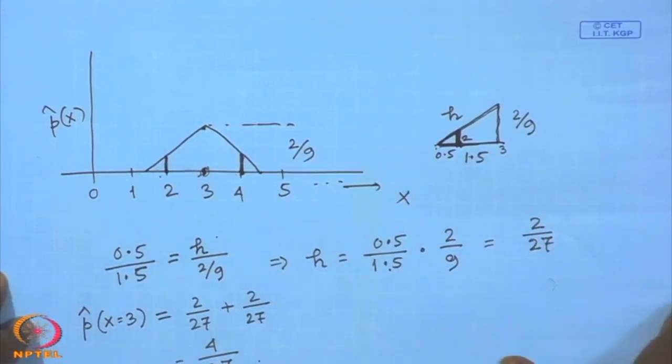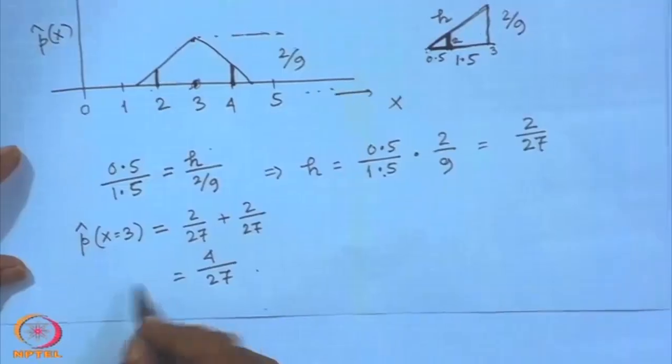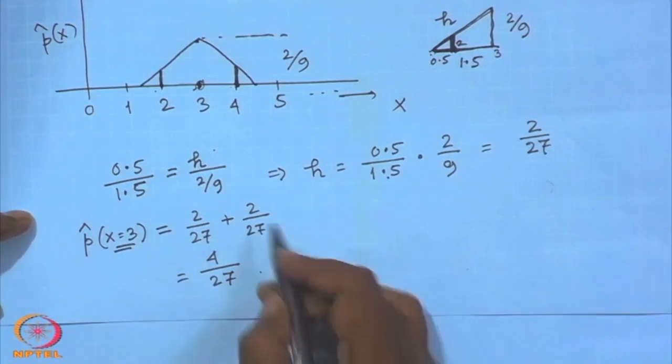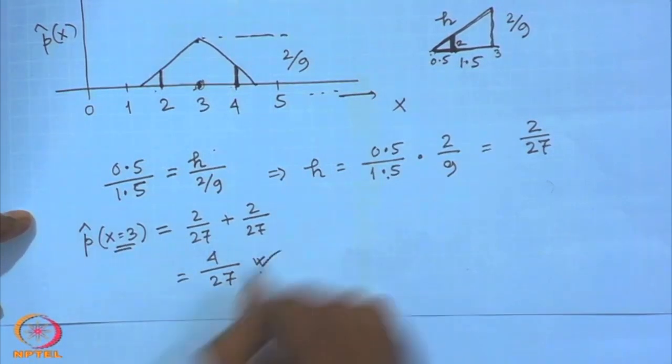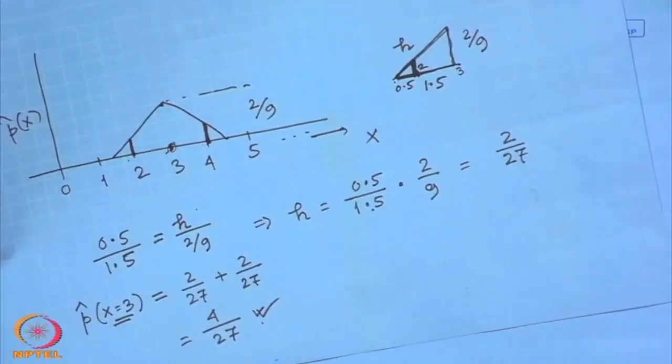So, the estimated probability at x equal to 3 is simply 4 by 27, which I can compute like this.